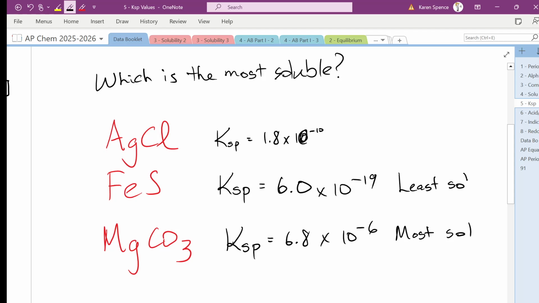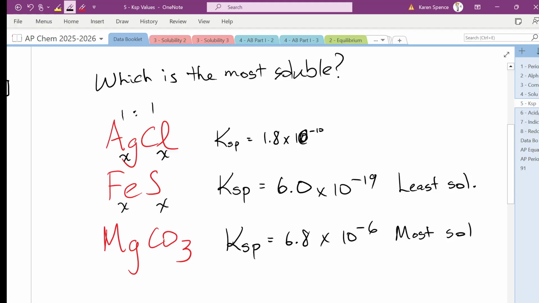Now, it's going to become more complicated if you have something where, these are all 1-to-1 salts, right? The ions are 1-to-1. If you have a 1-to-2, your KSP expression is no longer going to be, this would be X and this would be X, so they'd all be KSP equals X squared, for the ion concentrations. But if you have something where you have 2-to-1, it becomes a little bit different.